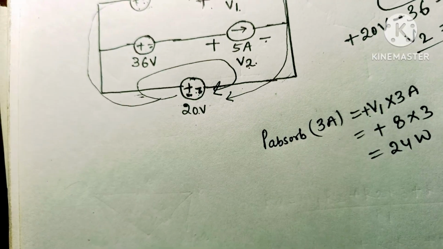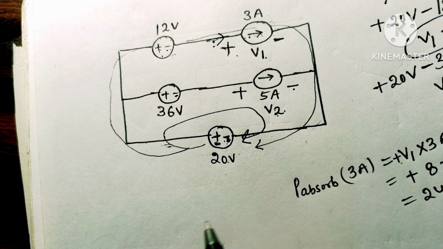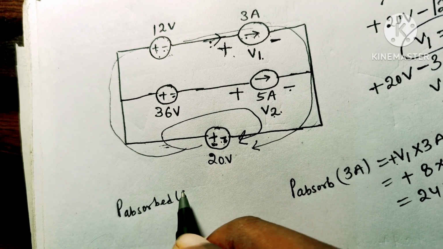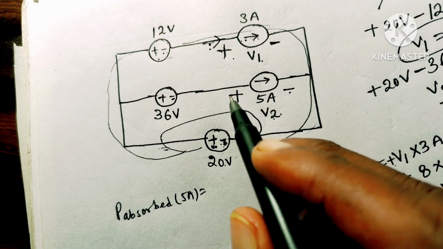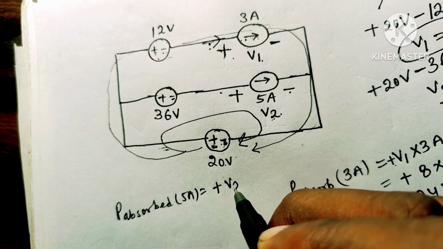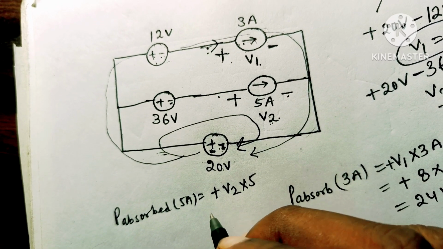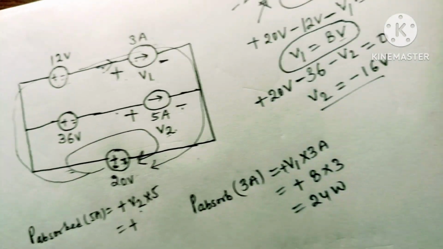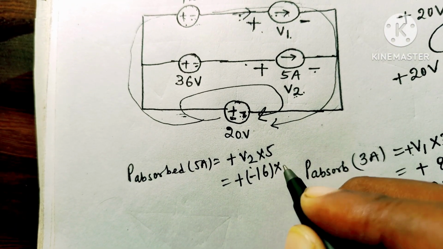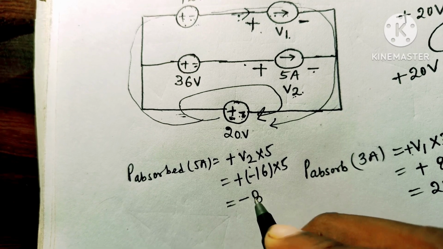Now for the 5 ampere source, the power absorbed will be, since current is entering at the positive terminal, plus V2 into 5 ampere. V2 we calculated as minus 16 volt, so minus 16 volt into 5 ampere is minus 80 watt.